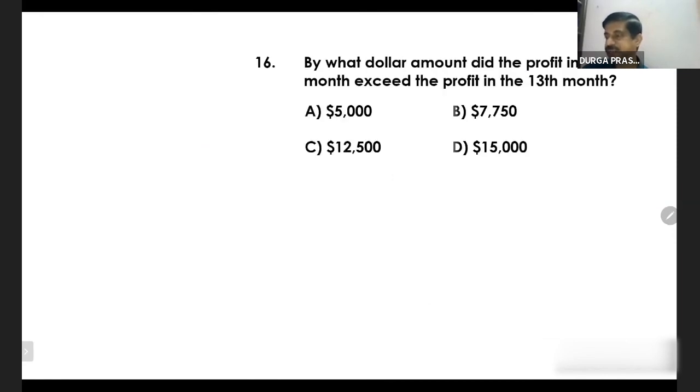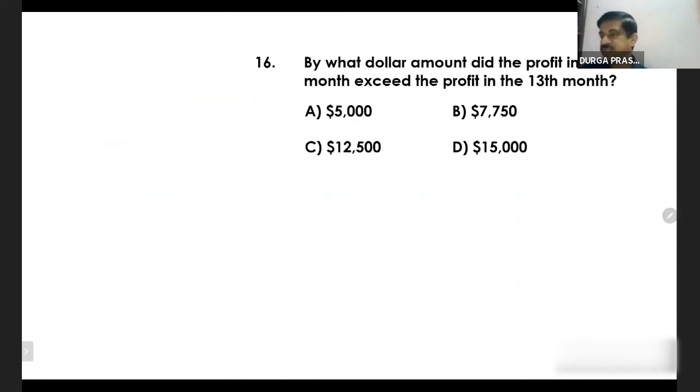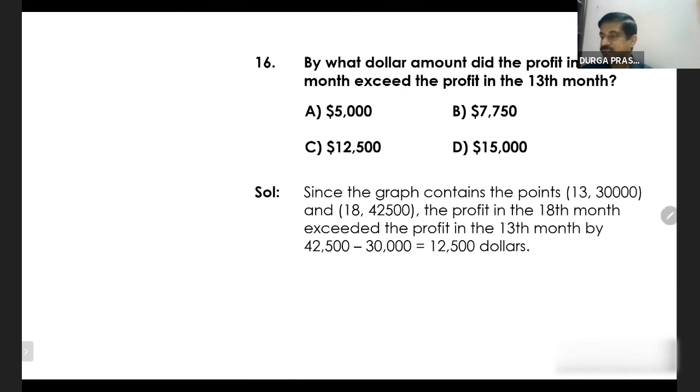So let us go back to the question and see what happens. The 13th month, we say. The 13th month is what? This. The 13th month, it is this month. So it is approximately 29 in the 13th month. Okay. So let us go to the next page and see what our predictions are. So in the 13th month, it is approximately 30,000.